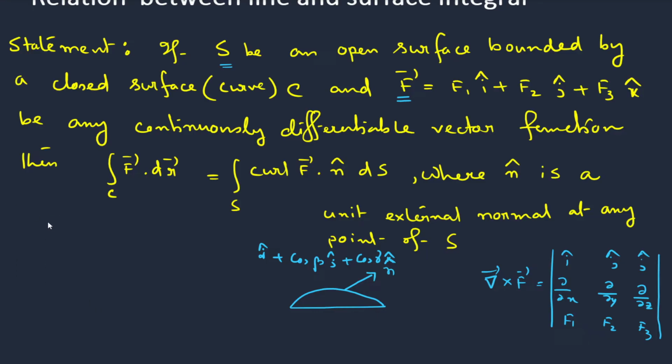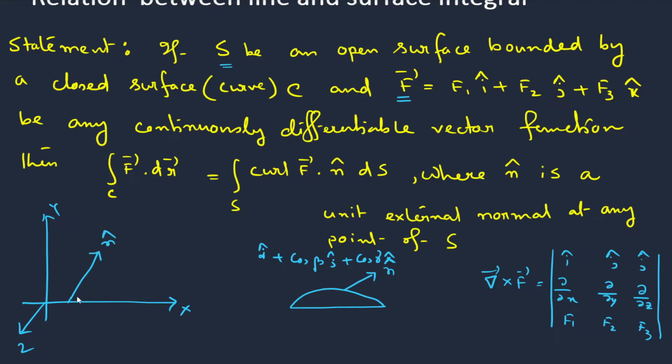Suppose this is the curve, this is the x-axis, y-axis, and then suppose the z-axis. Now if we take this n cap, n cap is nothing but a direction. So suppose this direction is n cap. It is drawn on some surface.